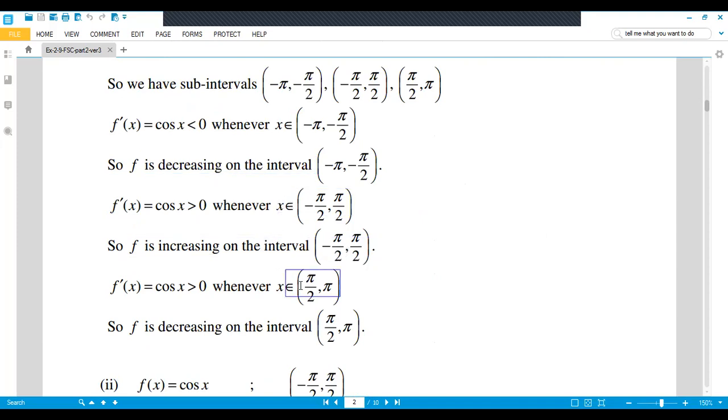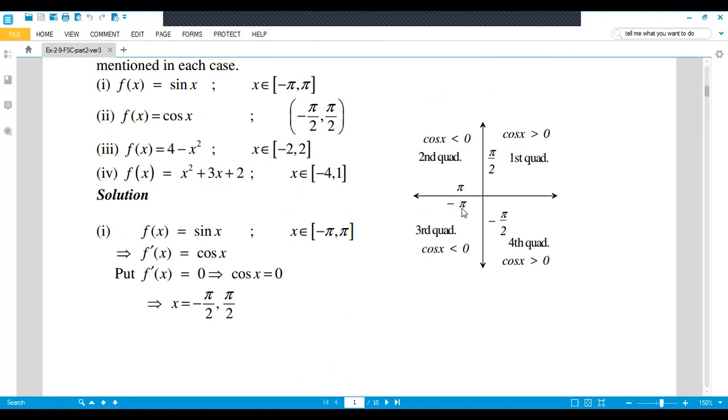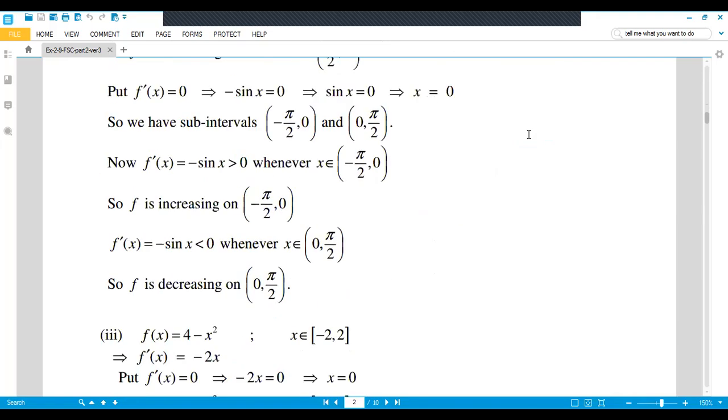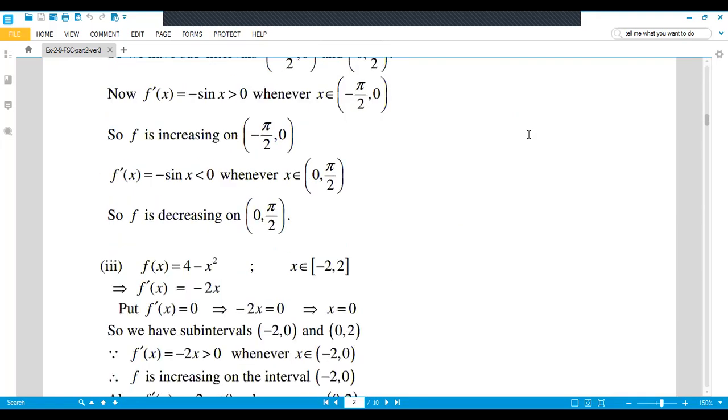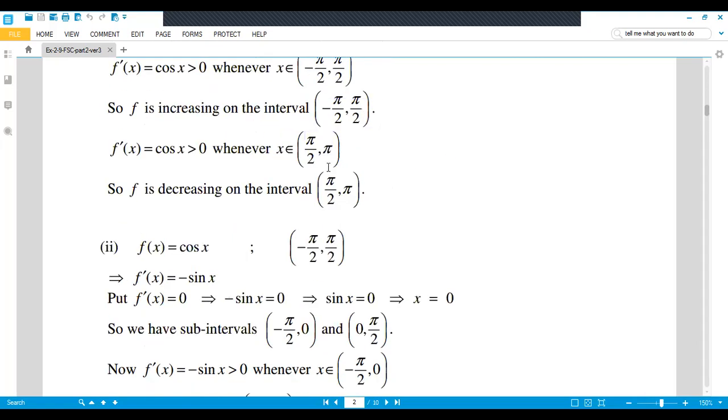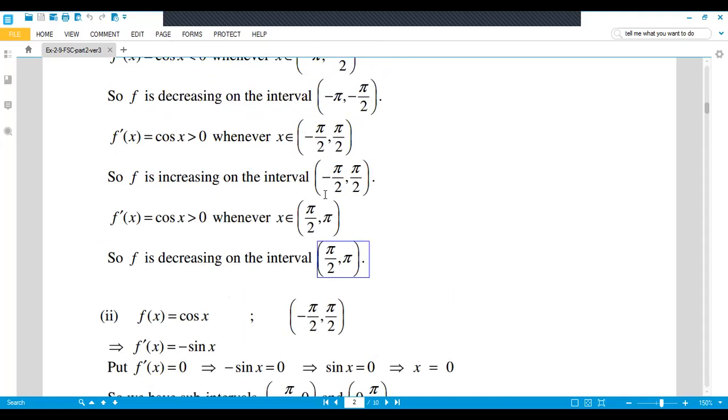Now we check the third subinterval, from positive pi by 2 to pi. Here cos x is greater than 0 in the first quadrant. So this is an increasing function for the third subinterval. f(x) is decreasing only when it is from pi by 2 to pi.